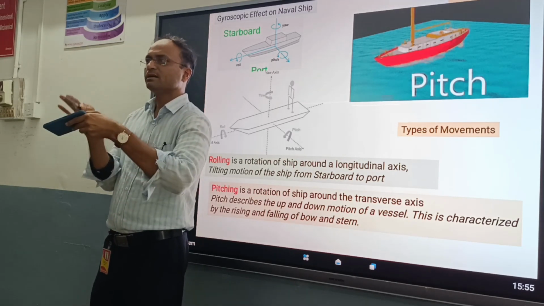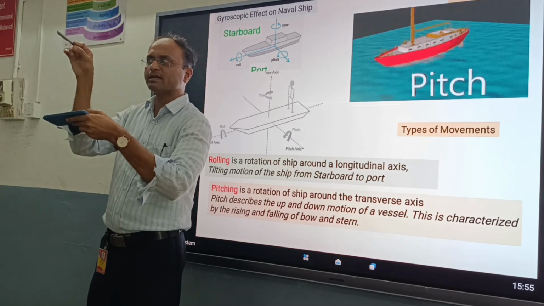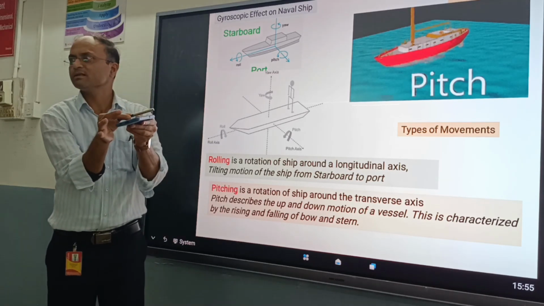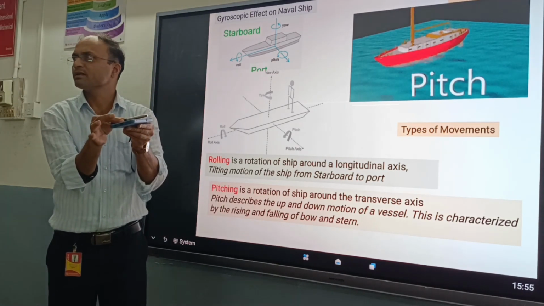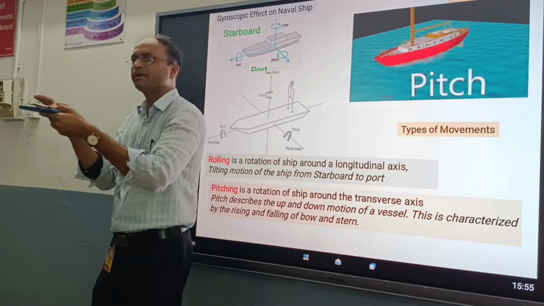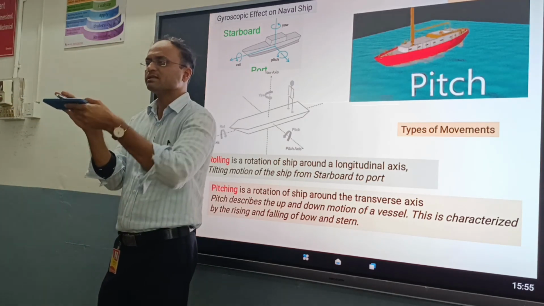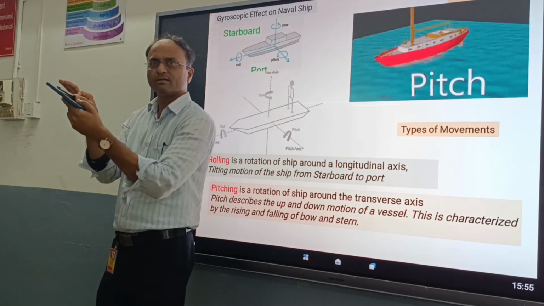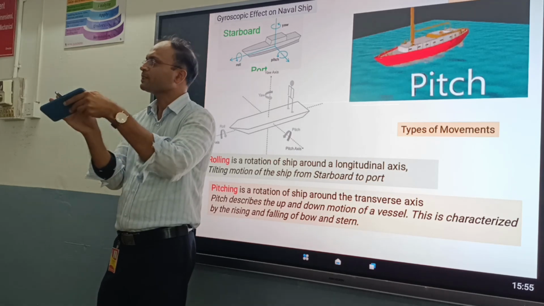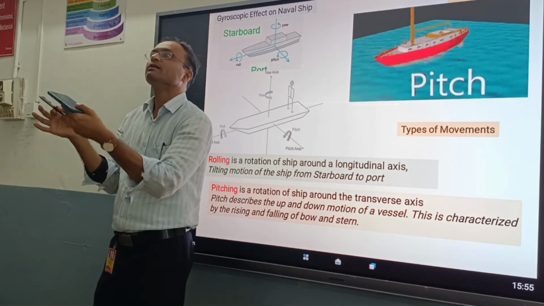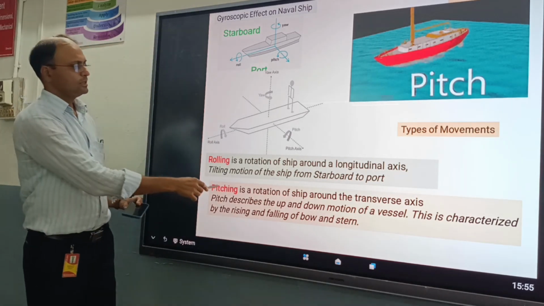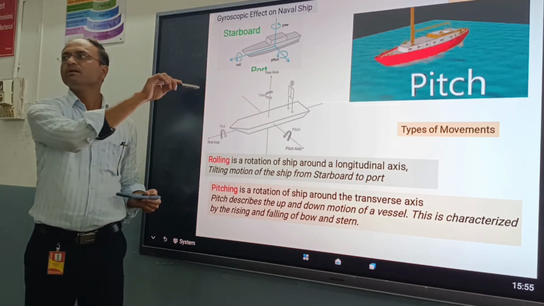It will be like this. I am talking of this axis, which is actually the transverse axis. This is the ship's transverse axis. But for you to understand, I am making it like this. So about this axis, if I turn like this, is it pitching? Yes. This motion is called pitching motion. So it is rotation of the ship around the transverse axis.